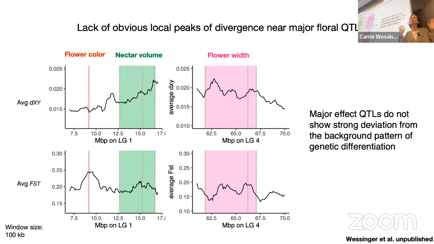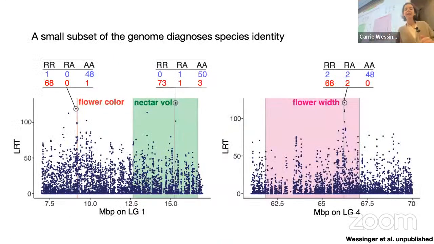So these major effect floral syndrome loci are not really detectable as a deviation from the common pattern of genetic differentiation. Instead, it seems like divergence between these floral syndromes involves fine-grained SNP differences in these high recombination regions that just don't leave an extended genomic signature.